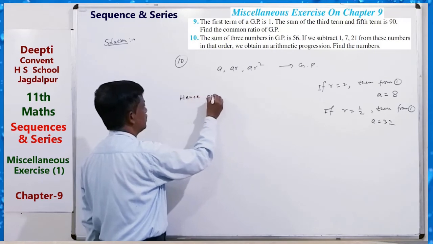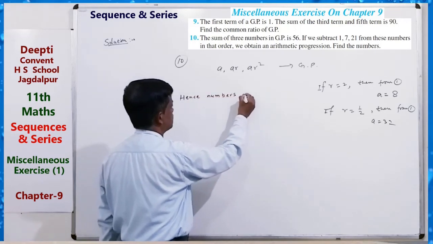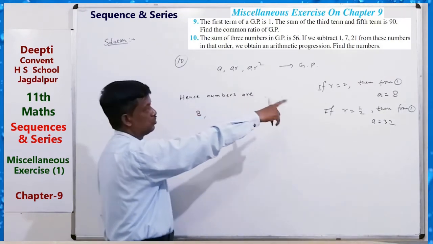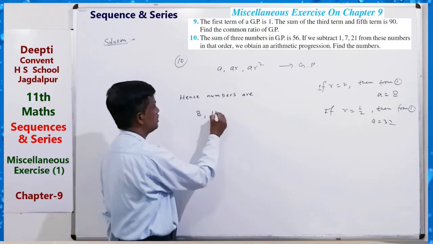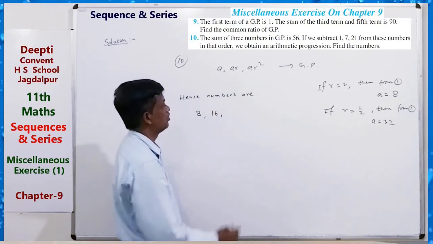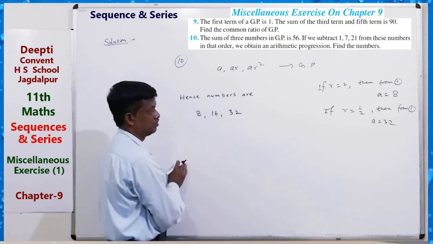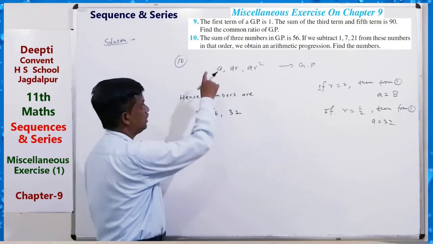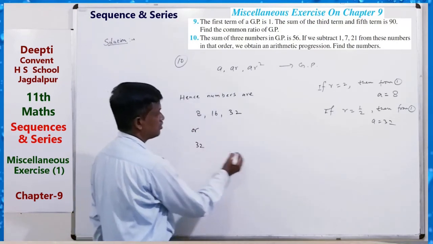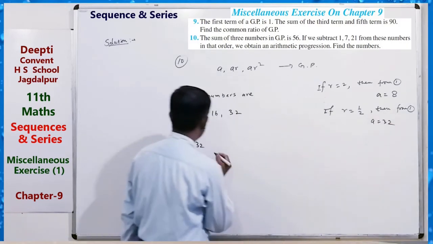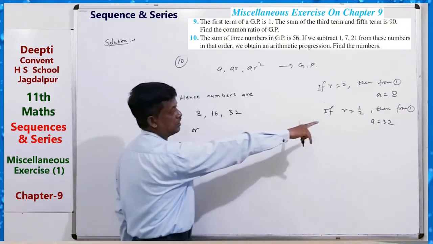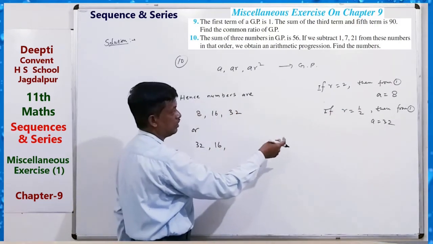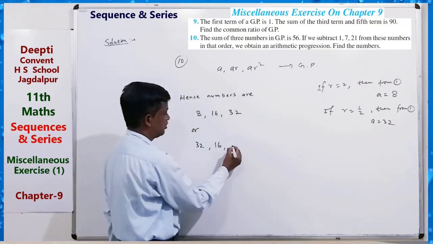Hence, for r equals 2, the numbers are a equals 8, ar equals 16, ar square equals 32. Or for r equals half, a is 32, ar is 32 into half, 16, and ar square is 8.